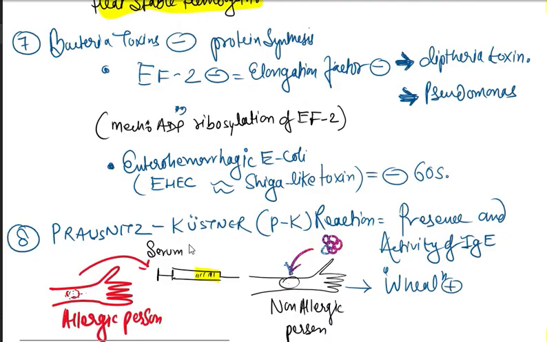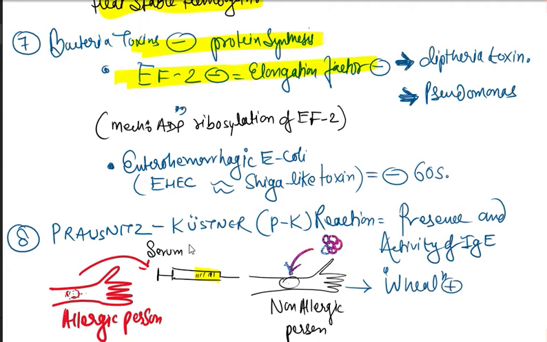What is the bacterial toxin that inhibits protein synthesis? Next one. So we have EF2 factor inhibitors. This is EF2, the elongation factor.